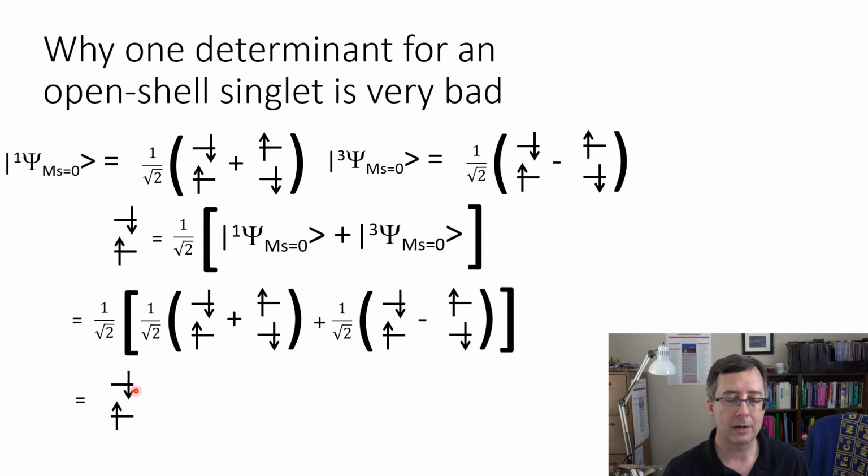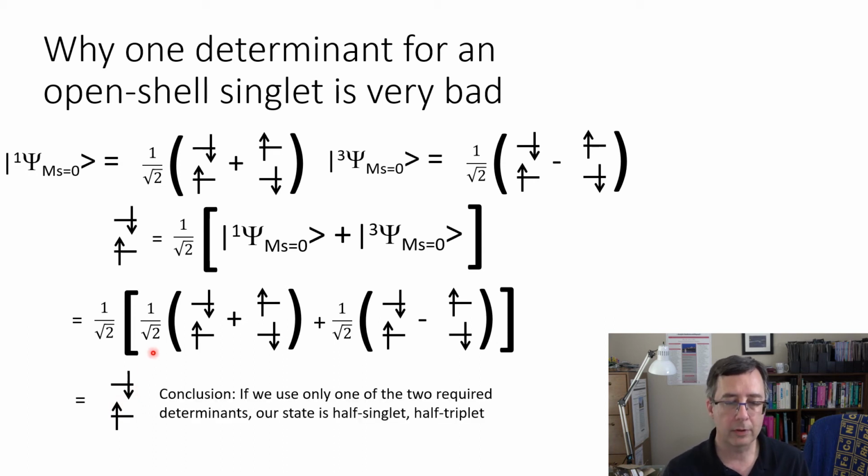So what's the upshot of this? Well, the conclusion is this one determinant is a linear combination of essentially 50-50 singlet and triplet, which means this one determinant does not have a well-defined spin. It's actually a 50-50 mixture of a singlet and triplet, so it doesn't have a spin.